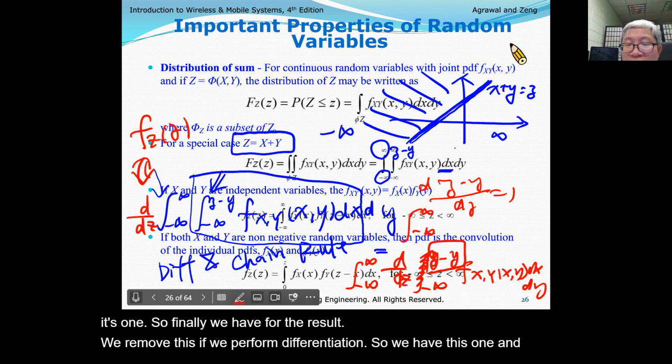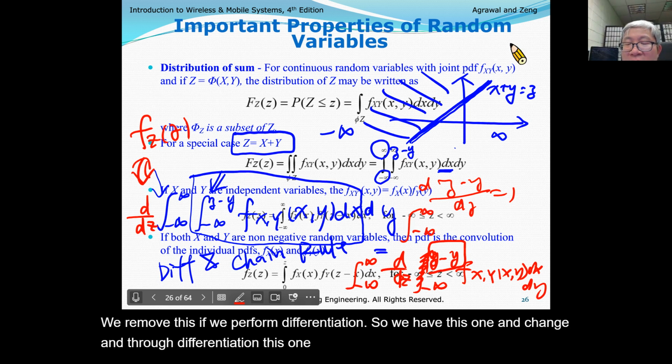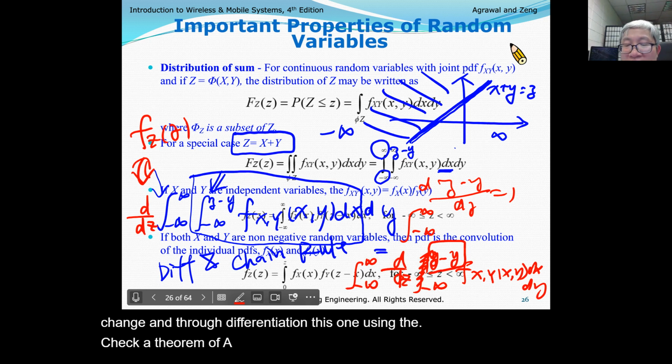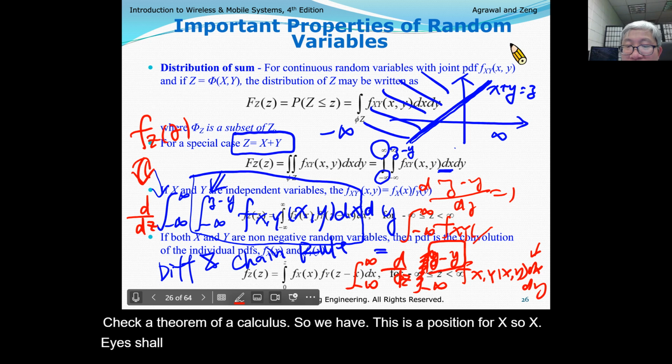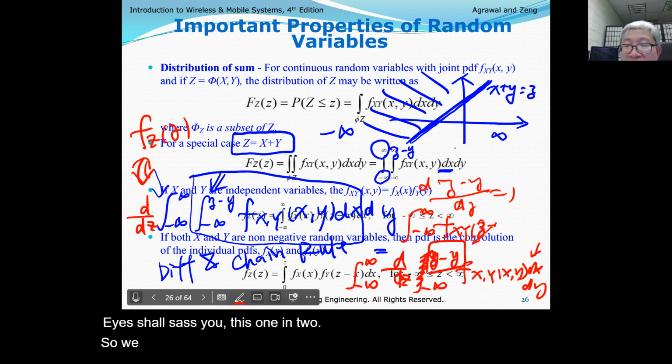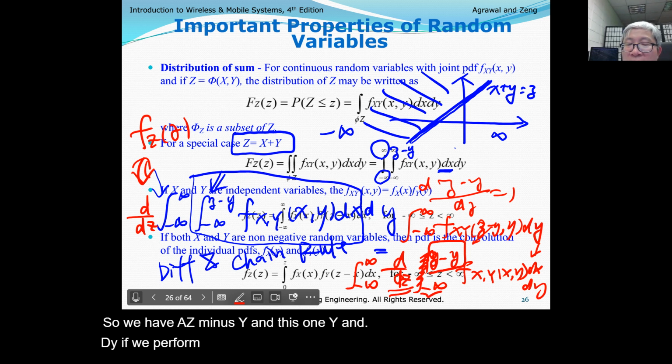And through differentiation, using the fundamental theorem of calculus, this is a position for x. So x should substitute this one: z minus y, and this one y, and dy.